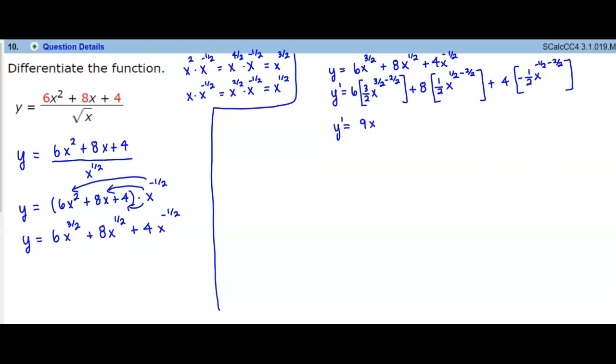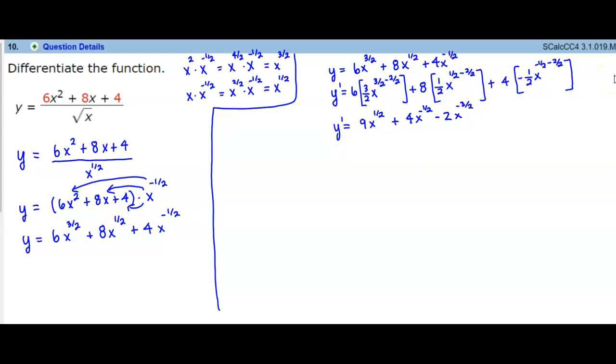And this is going to be x to the positive 1/2. Plus 8 times 1/2 is going to give us 4 x, and positive 1/2 minus 2 over 2 is negative 1/2. And then plus, actually it's not plus, that's going to be a minus, because 4 times negative 1/2 is going to give us minus 2, and this is going to be x to the negative 3 over 2.